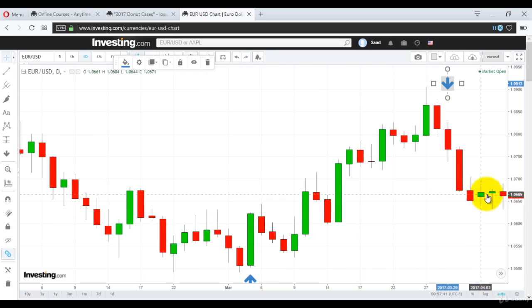Now right here, it might look to you like a piercing line going up, or a doji candle, a morning star pattern. But it isn't bullish. Reason? The next day should have gone higher, but it didn't. It did make a long legged shadow candle, the doji candle, but it's not that bullish.